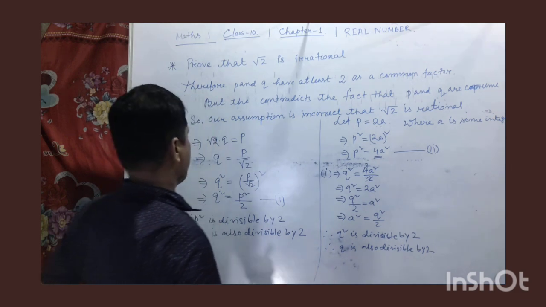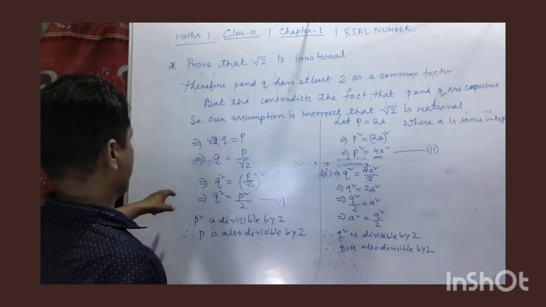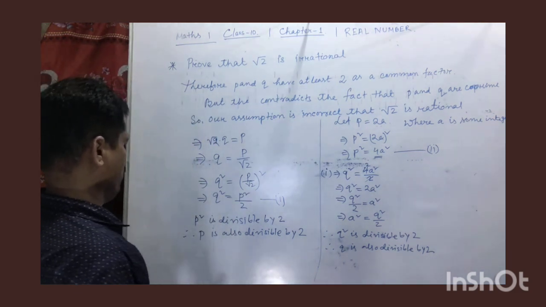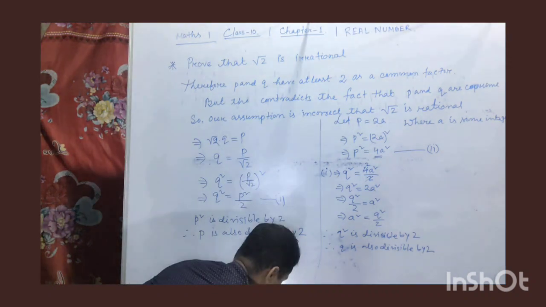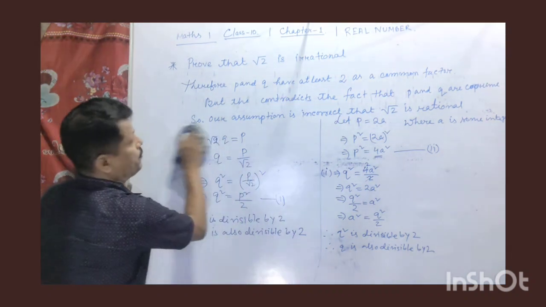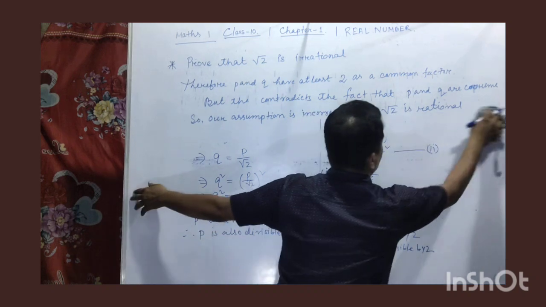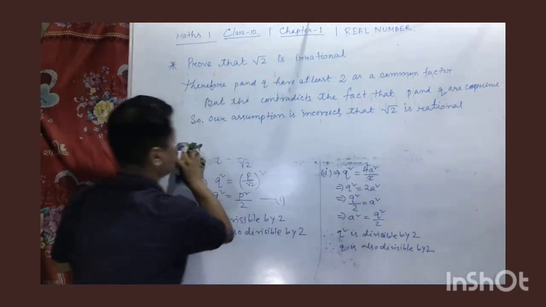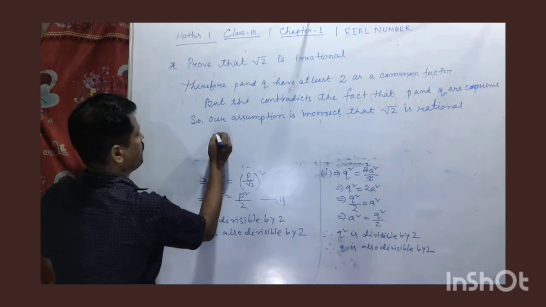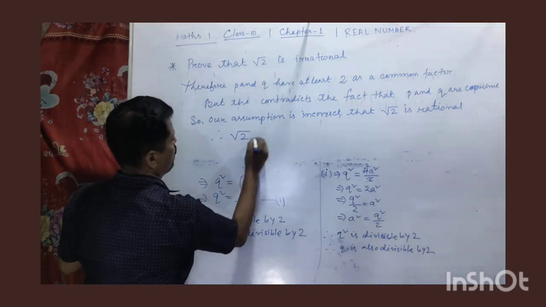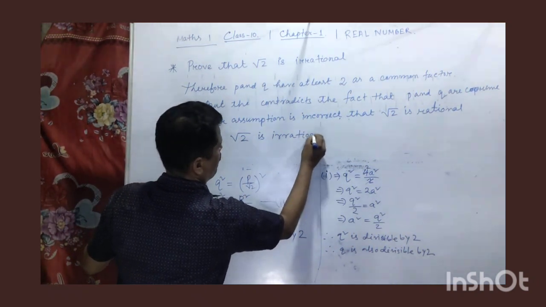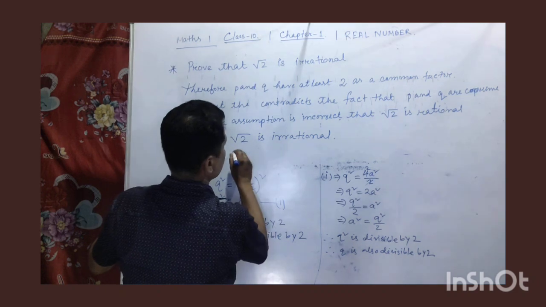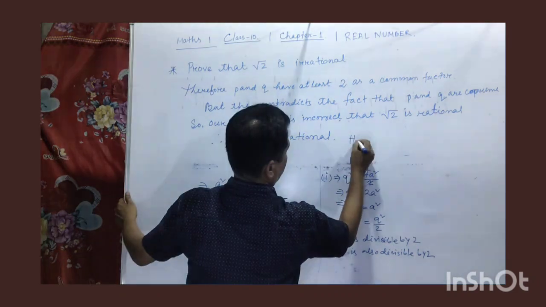So our assumption is incorrect, hence root 2 is irrational.